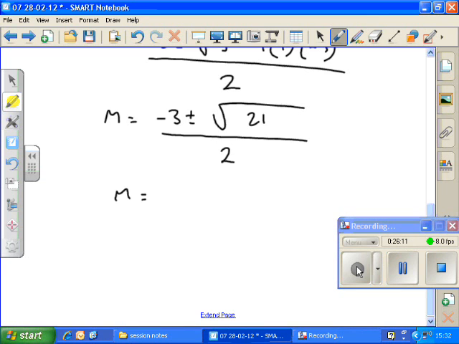So m equals 0.79 to two significant figures, or minus 3.79.